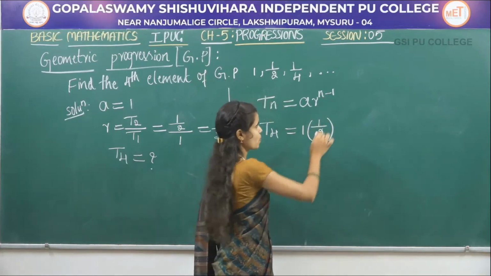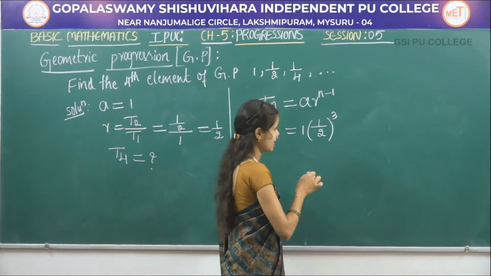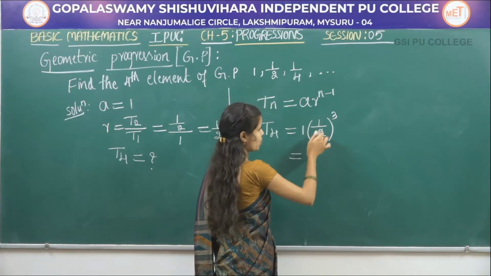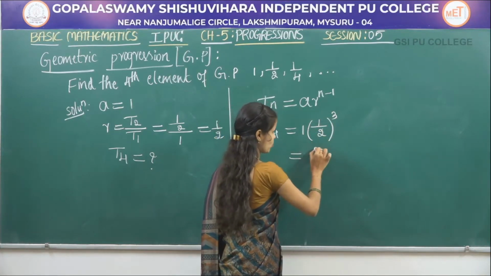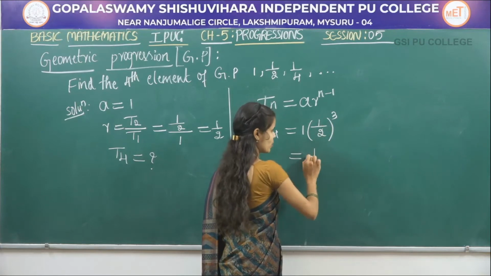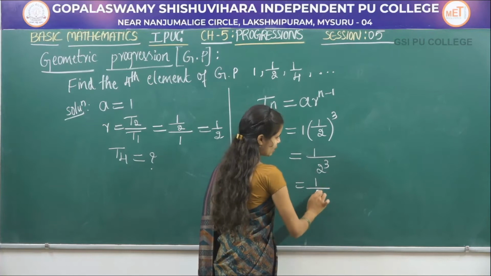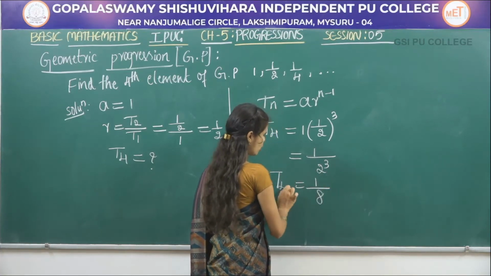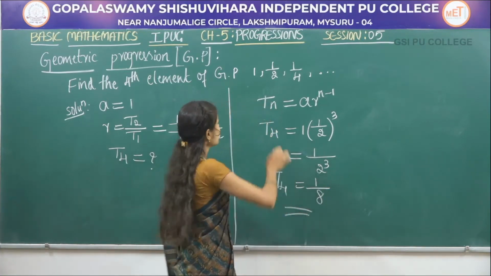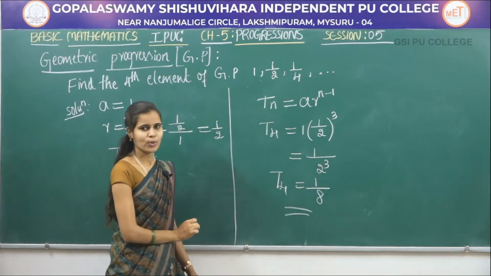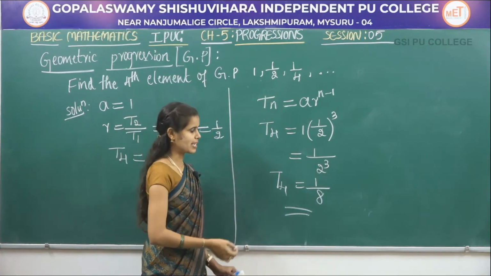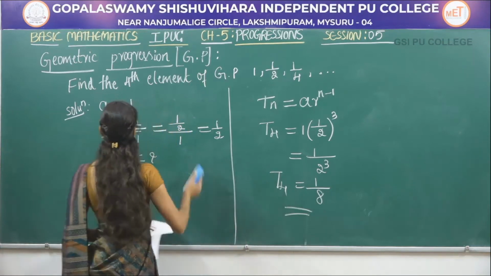Here n is 4, and 4 minus 1 is 3. So 1 into (1 by 2) whole cube is 1 cube divided by 2 cube, and 2 cube is 8. Therefore the fourth element of the given sequence is 1 by 8. Okay, next let us move on to the next problem.